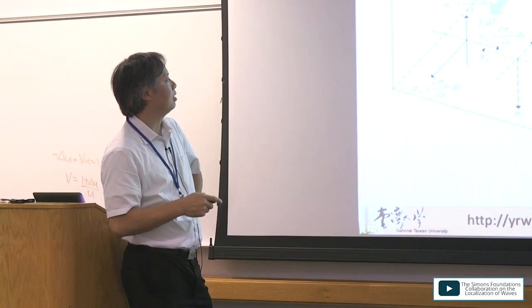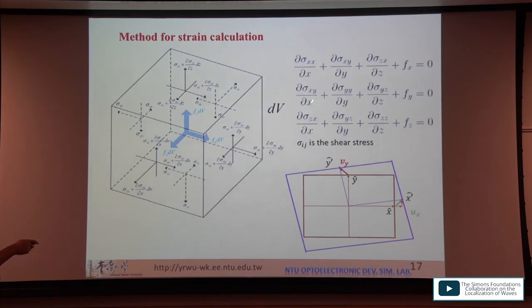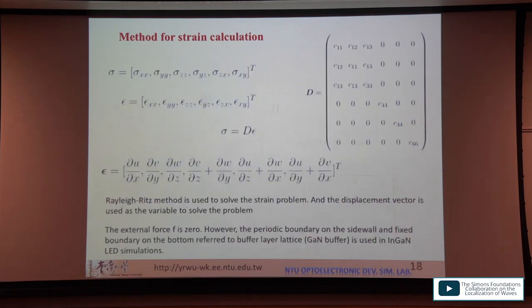The basic idea is that each mesh element has a different volume and suffers different stress and external force. But actually, external force is 0. So you can solve this strain stress with the tensor. This tensor is decided by the indium composition.